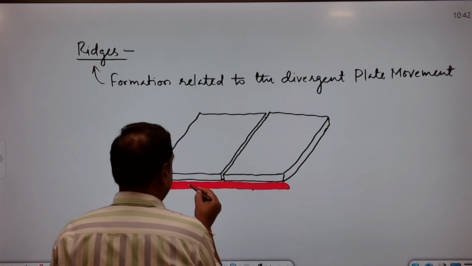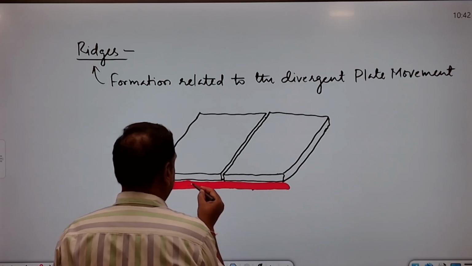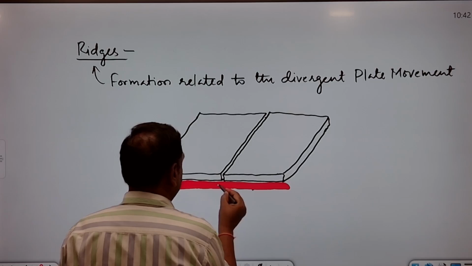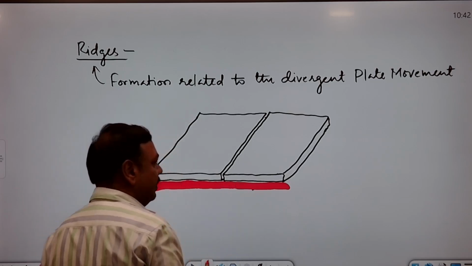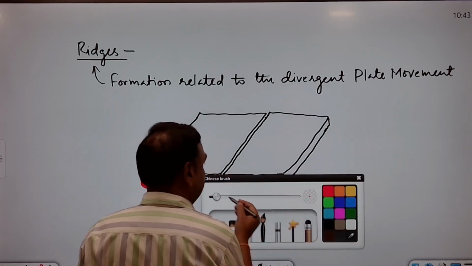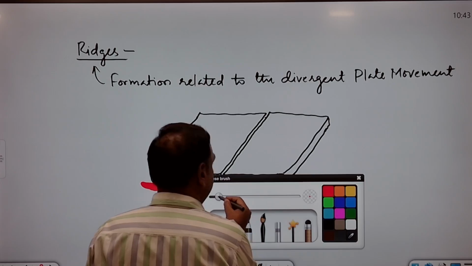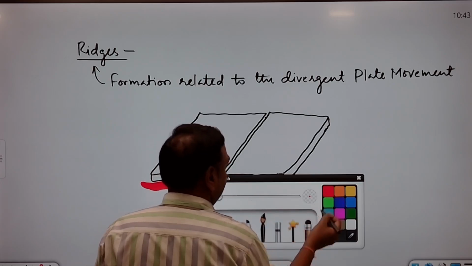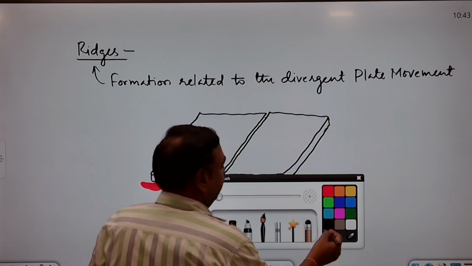So if the plates are moving here, remember that when these plates are going apart from each other, some magmatic material comes out from the gap, right?